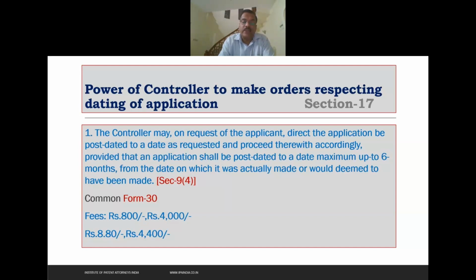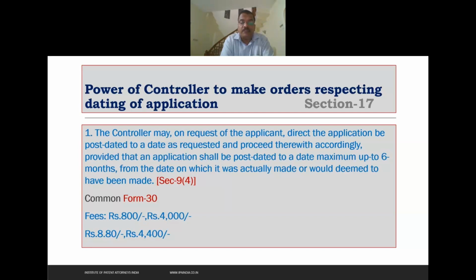You want to avoid that. In that case, you can make use of the provision under subsection 4 of section 9 and file a request for post dating. You can request for 1 month, 2 months, maximum limited to 6 months according to section 17.